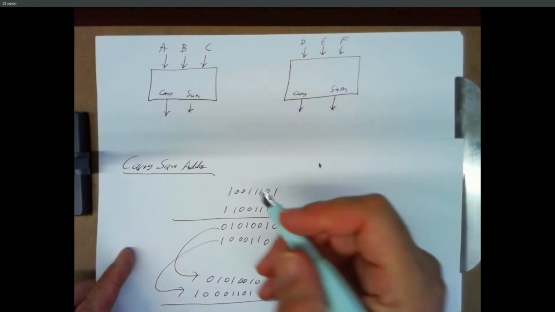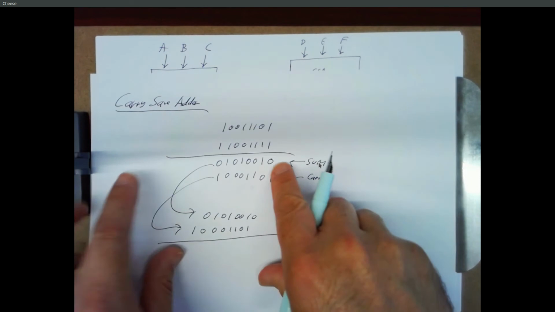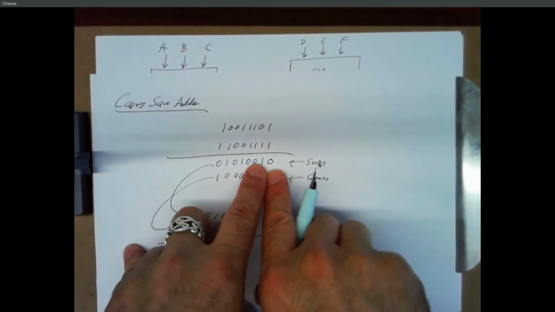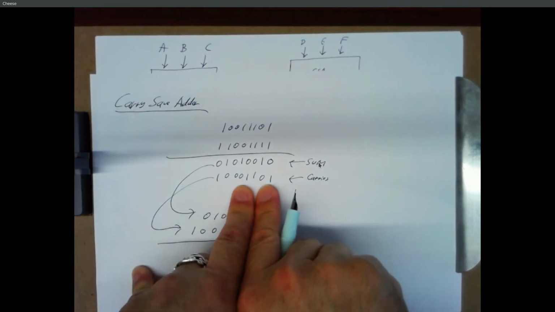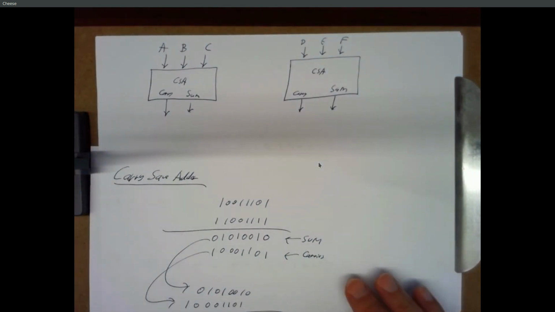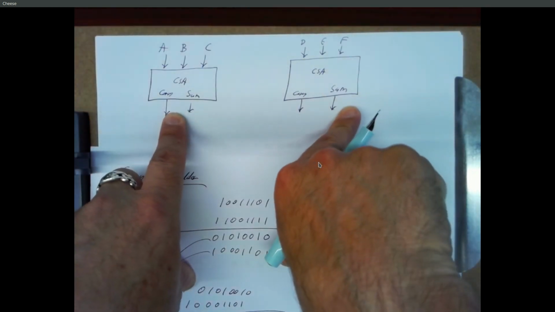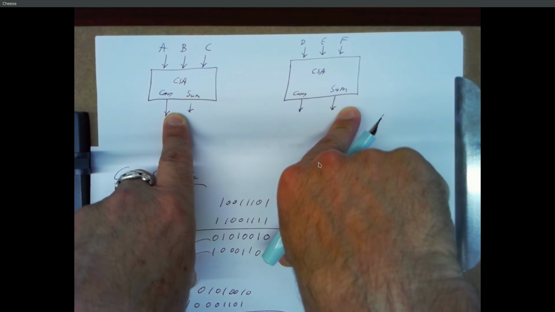And remember, these are carry save adders. So they're not actually giving us the sum of their inputs. They're giving us a sum that has to be added to the carries, right? So we don't have our final answer yet, A plus B plus C plus D plus E plus F. We have 4 numbers that have to get added together to give us our final answer.